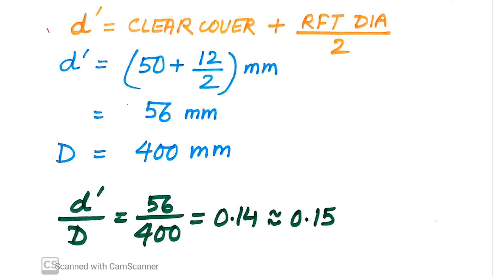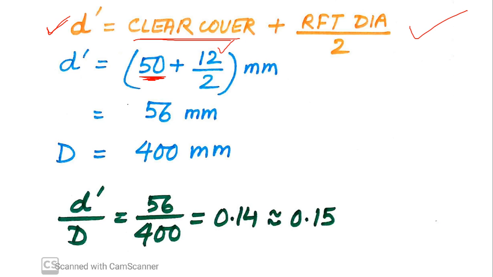I first find D dash. D dash is nothing but the effective cover. So what is effective cover? Clear cover plus half of the reinforcement dia. RFT means reinforcement. I have assumed that the clear cover in my case is 50 millimeters. In piles we generally consider the side clear cover to be 50 millimeters, and I have assumed that the reinforcement I will be using is 12 mm dia.